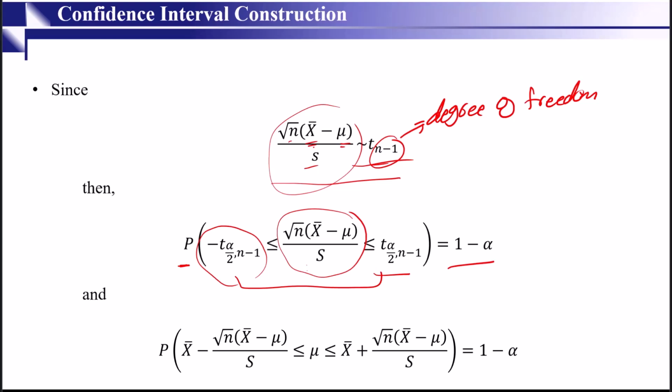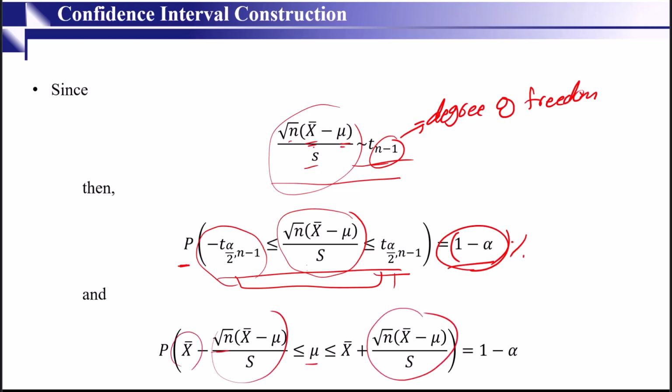It means there is a 1 minus alpha chance that the true population mean lies within the interval defined by these bounds. By rearranging this inequality, we can solve that mu is between x bar minus this value and x bar plus this value, right? So this interval estimates where the true population mean lies with 1 minus alpha confidence.